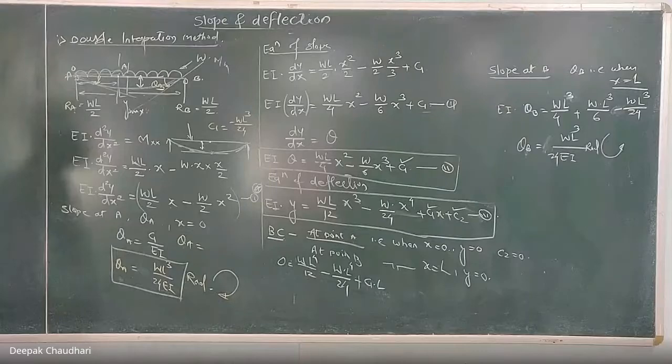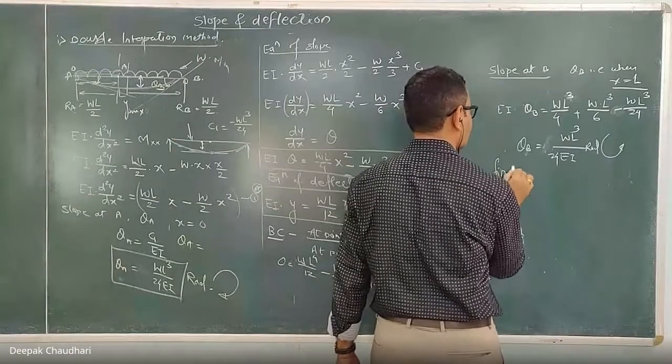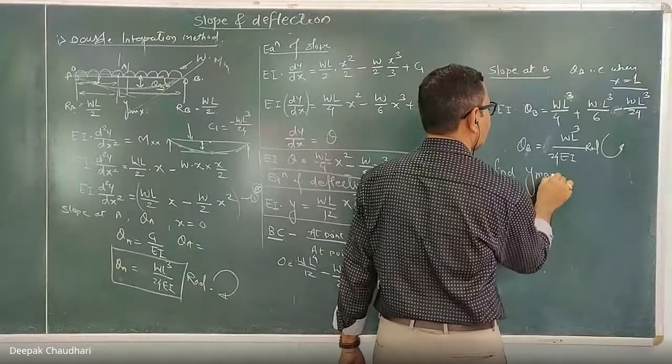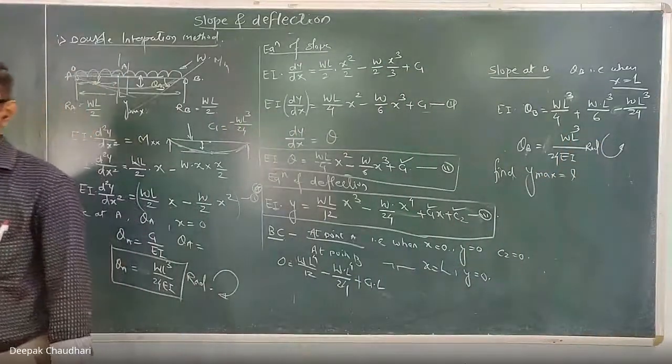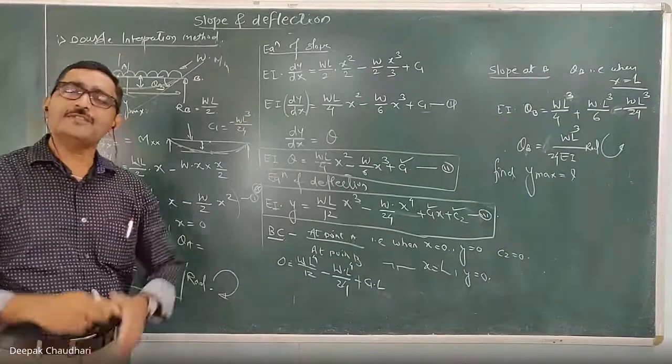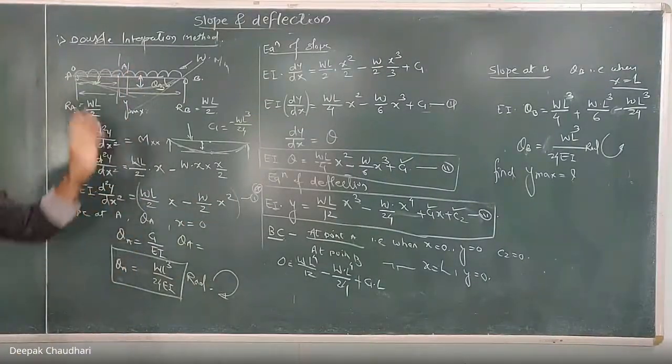Understood? Now, the question may ask to find the maximum deflection, Y max. For this symmetrical sum, I already know that the maximum deflection is at a distance of L by 2.